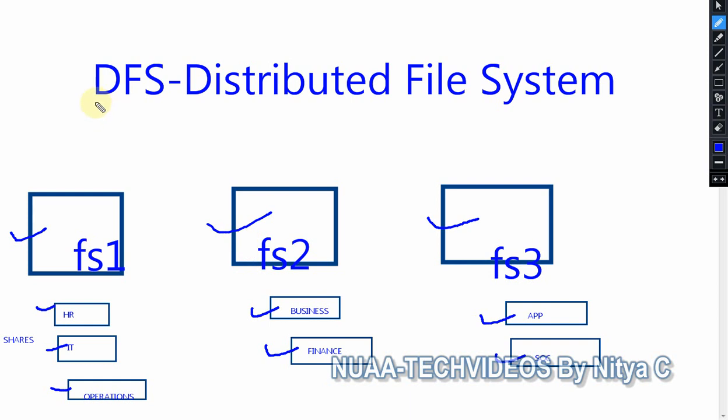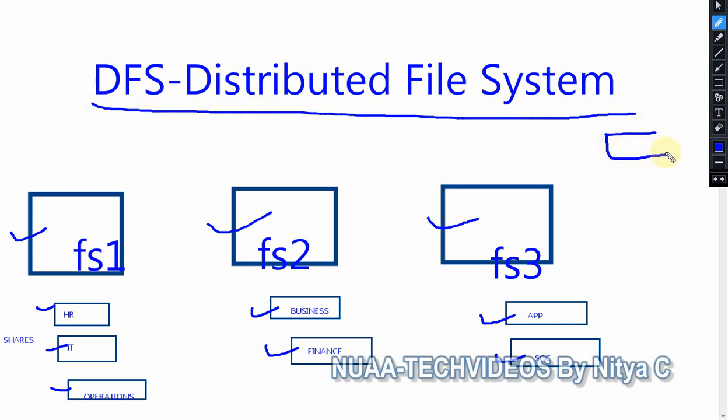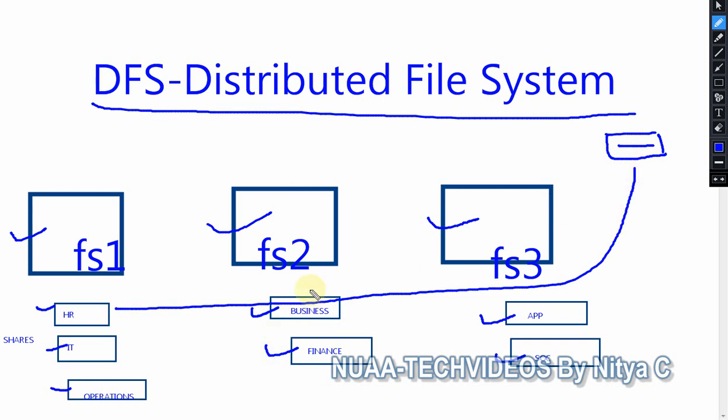So what DFS does is create a root share, and under that virtual root share it will represent all the shares from all three file servers. While the end user is browsing or accessing the shares, the user will feel like this is all available under one root share.